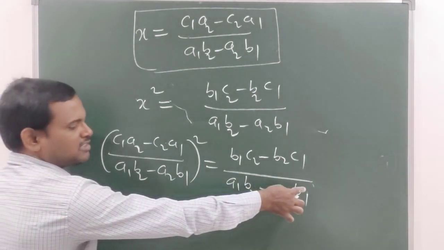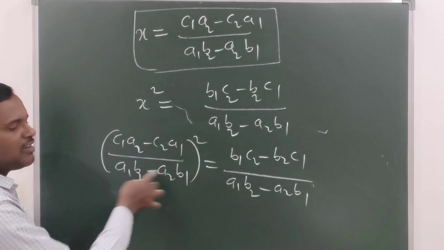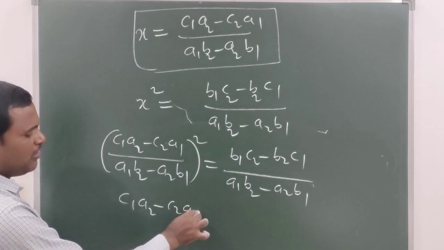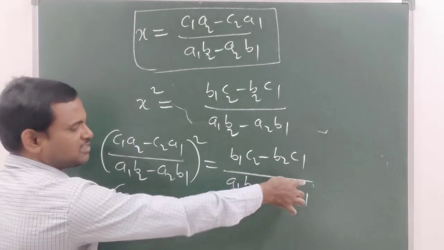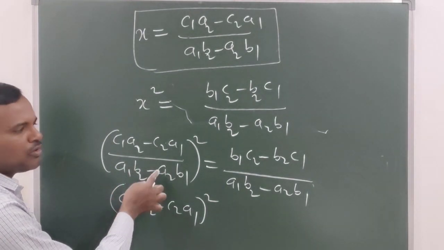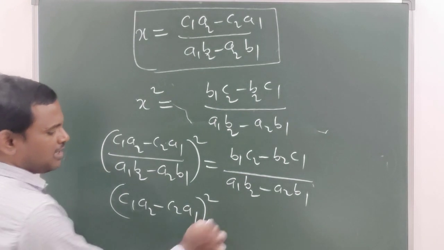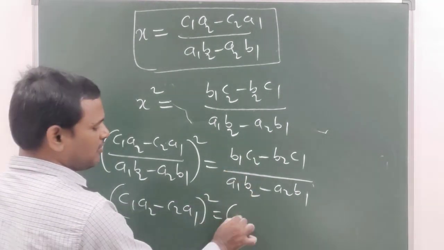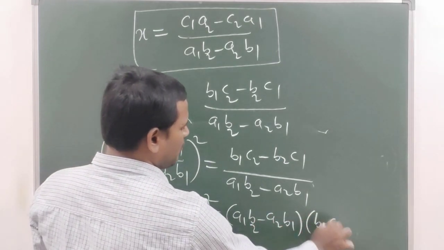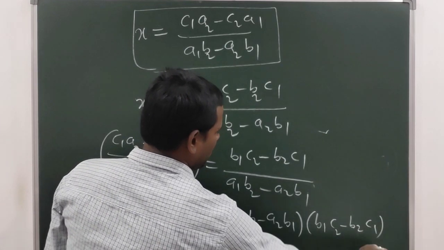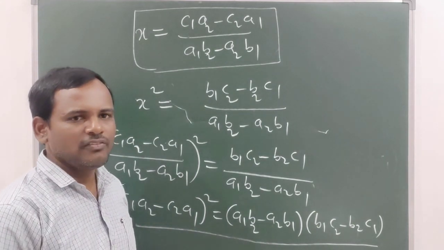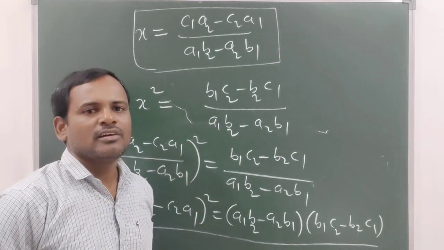When you cancel this one with one of the factors of this, what will be left? (c1a2 − c2a1)². One factor will be left on the left side, so I am sending it to the right side. When you transfer this to the right side, we get (a1b2 − a2b1)(b1c2 − b2c1). So this is our required relation for having one common root.